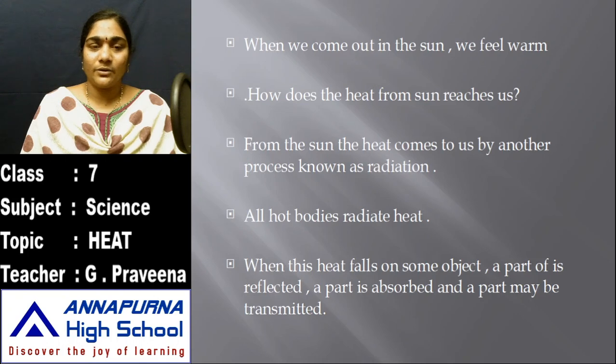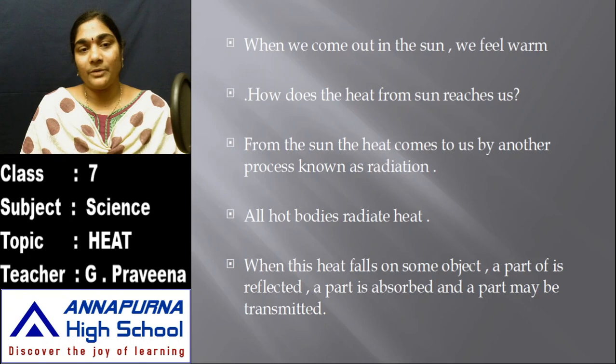When the heat comes out from the sun in space, there is no air, but the sun's heat is still reaching the earth's surface. So all hot bodies radiate heat.